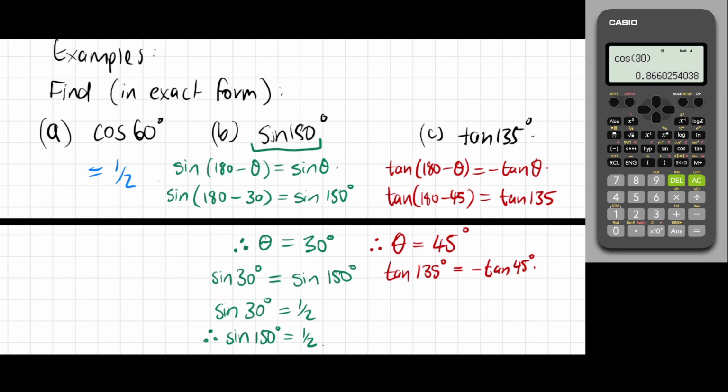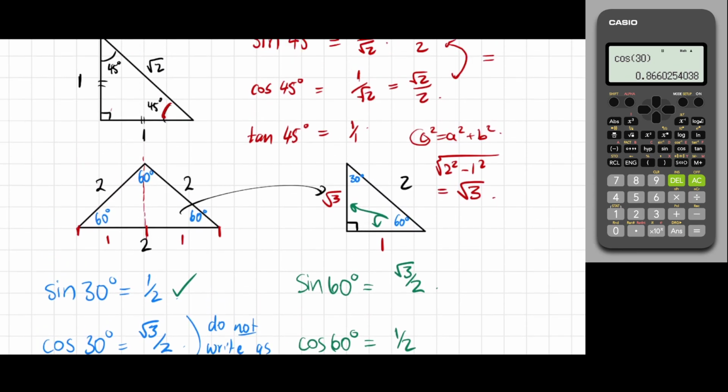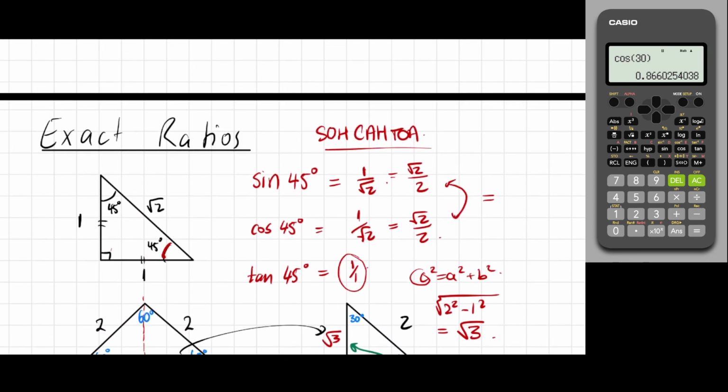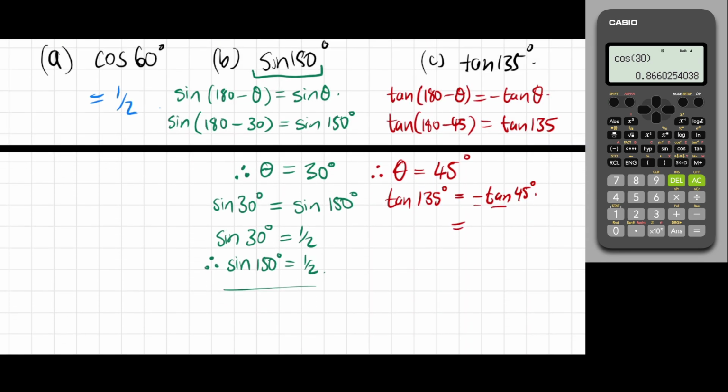So if I work out what tan of 45 is, I can then do the minus of that, okay? So let's go up and have a look. Tan of 45, okay, it's not these ones. Tan of 45, well, 1 over 1, which is just equal to 1. Okay, that's easy. So it's minus 1. So that's my answer, minus 1.